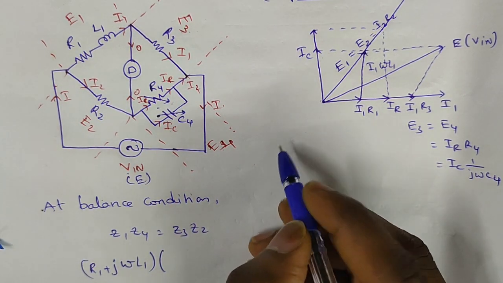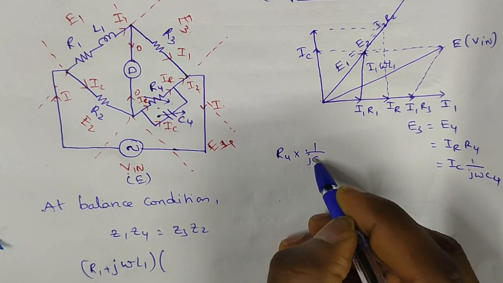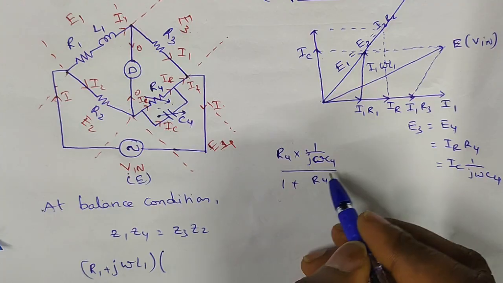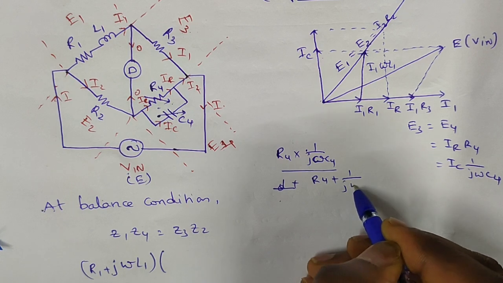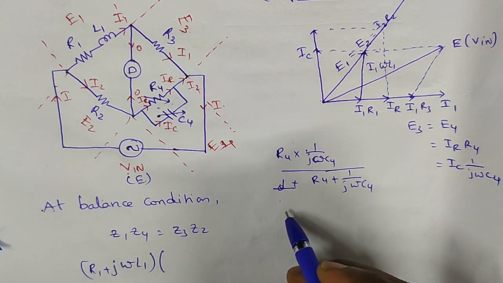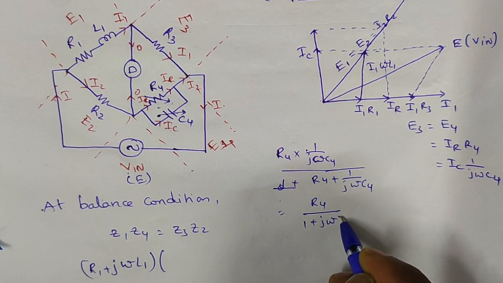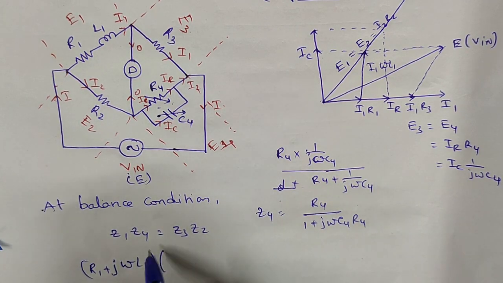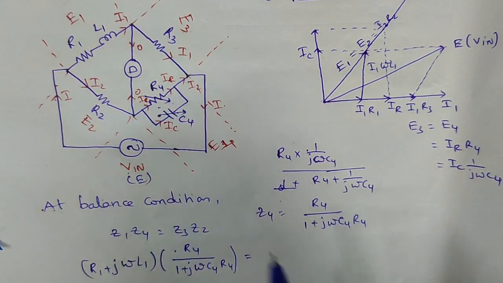That can be written as R4 into 1 by j omega C4 by R4 plus 1 by j omega C4. If you take the LCM, then it can be rewritten as R4 by 1 plus j omega C4 R4. Then in place of Z4 we will be writing the same expression. Z3 is R3, Z2 is R2.